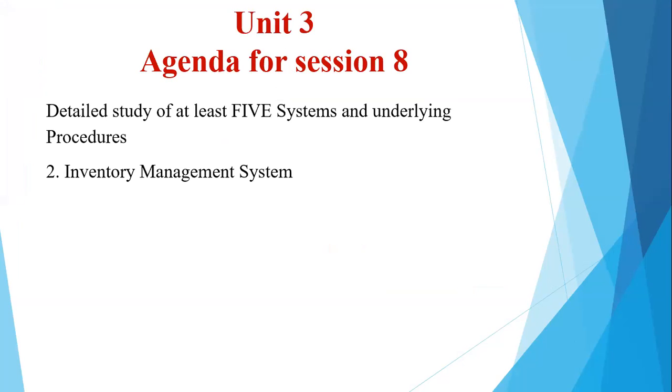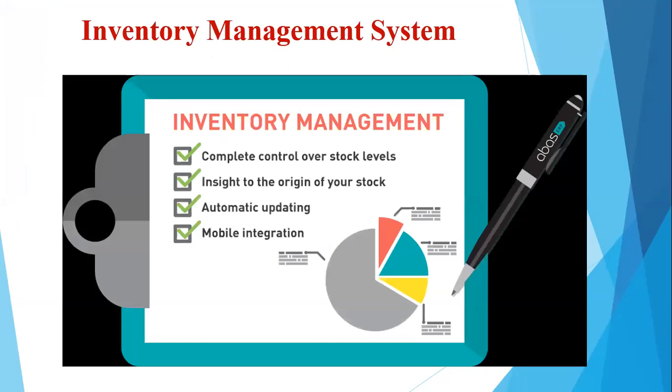Now, before we come to writing down SOPs with respect to inventory management, let us try to understand what we mean by actual inventory management. Over here we can see in the picture that with inventory management, we refer to complete control over the stock levels that we have in the warehouses.